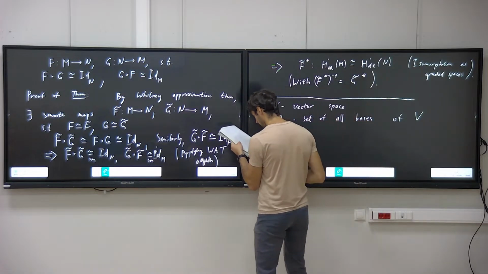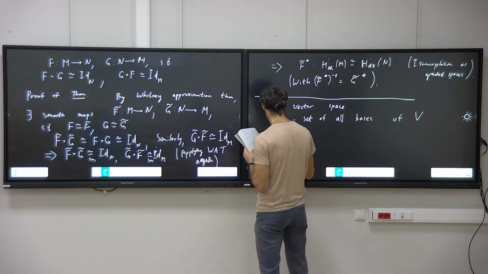So suppose that I have two bases, B1 and B2.